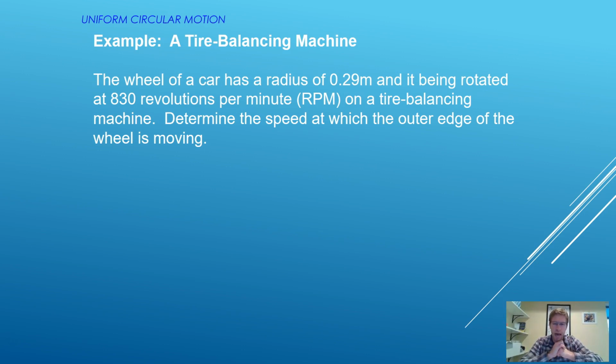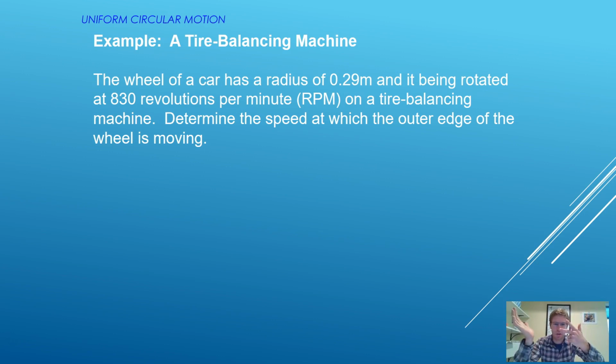I want you to tell me how fast the outer edge of your tire is moving as it rotates at 830 revolutions per minute. I want you to calculate this, but I also want to ask you a quick question before you get started. What is 830 revolutions per minute? What is that even a measurement of? Is it speed? Is it period? Is it frequency?